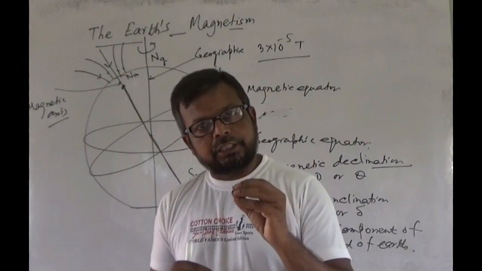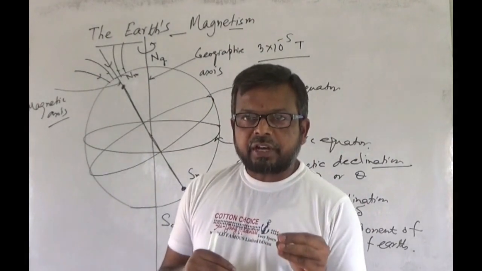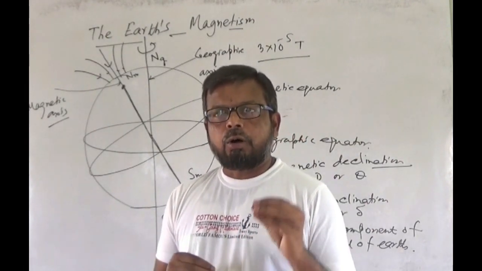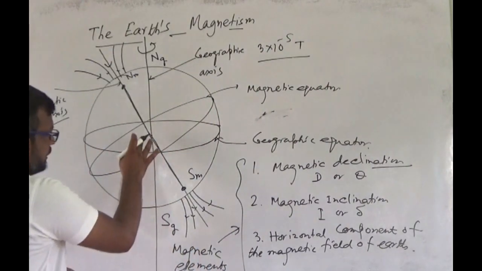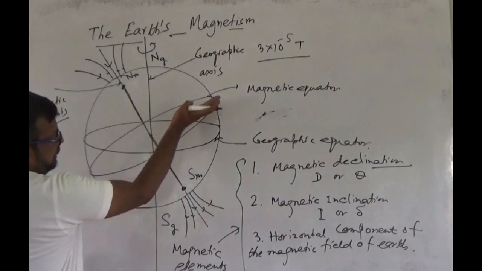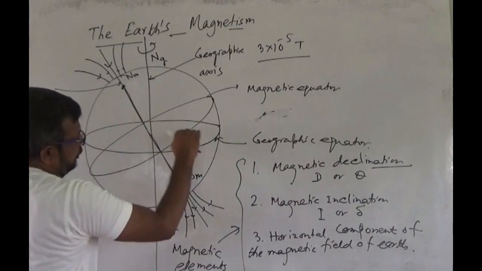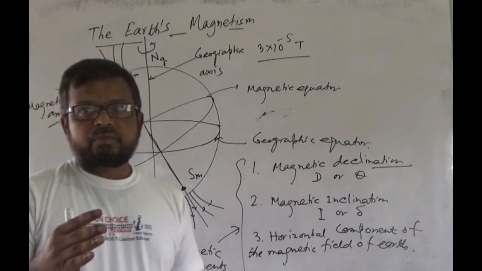The angle between the geographic meridian and the magnetic meridian at a place is defined as the magnetic declination or simply declination. See here, at this position, the angle between this magnetic meridian and this geographic meridian is the declination.